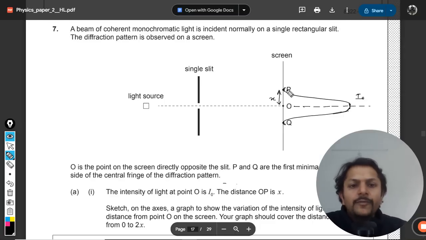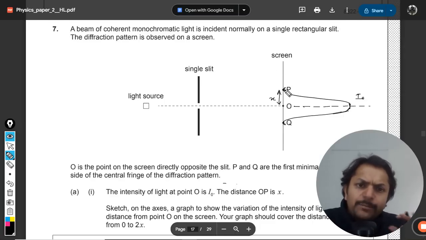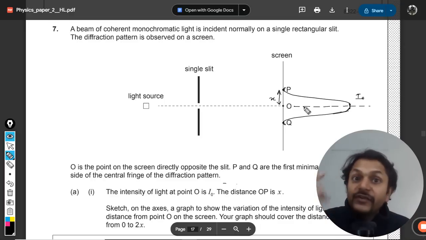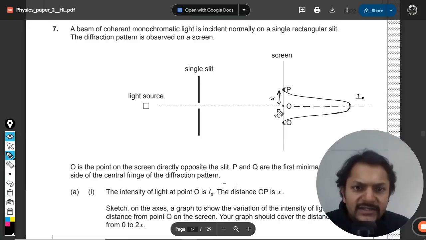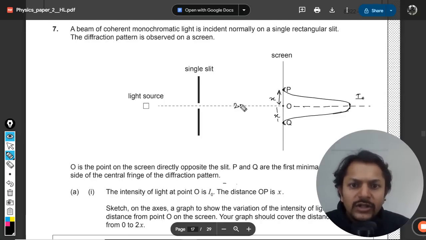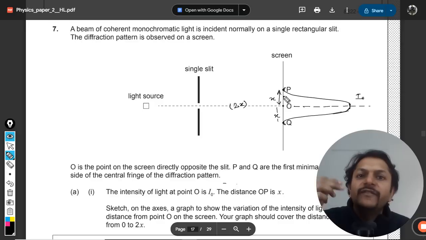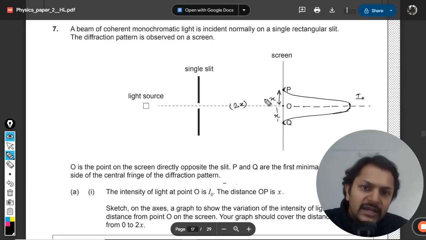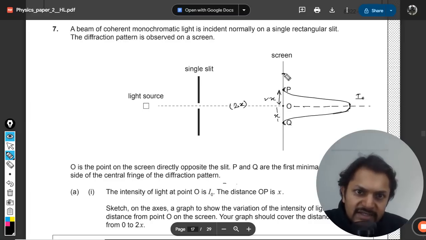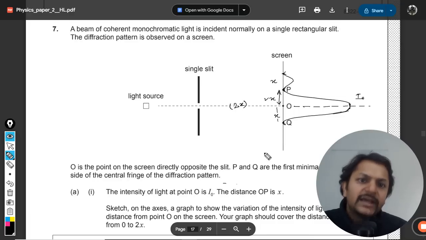Clear? Now after this, the point to be noted is, for the central fringe the fringe width becomes 2x, isn't it? X up and X down, so the total fringe width is 2x, but the fringe width for the very next fringe will be half of this. What do you mean by that? This is X, and let us say this is an equal distance, this is again X, so there will be a minimum here, so it will be like this.